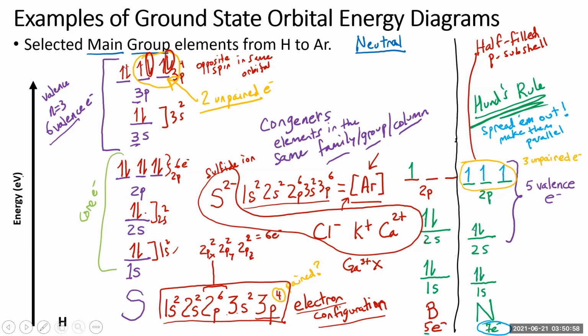This is, again, part 1 of orbital energy diagrams. We have a few more concepts to look at. For one thing, we've only looked at main group elements. So in part 2, we're going to look at how to treat d block elements, and we're going to look at the relative energies of the electrons, which electrons are lost first. D block elements are, of course, metals, so they have a tendency to lose electrons.